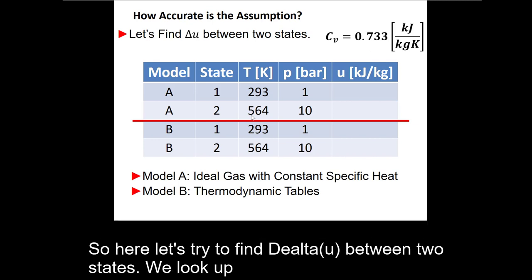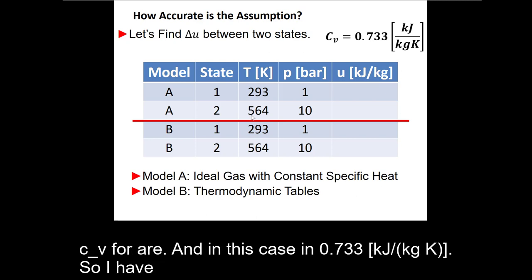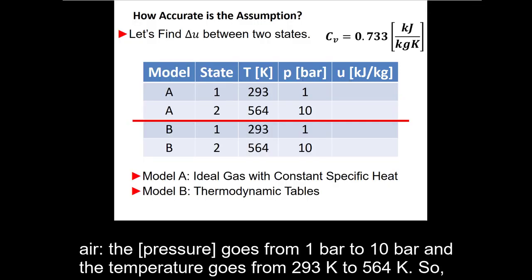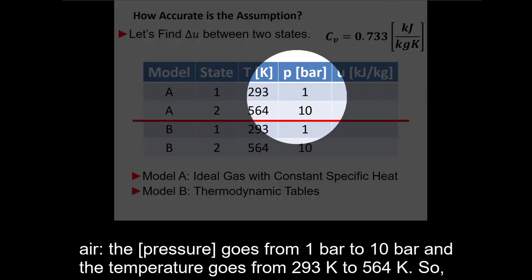So here, let's try to find delta U between two states. We look up Cv for air, and in this case, it's 0.733 kilojoules per kilogram Kelvin. So I have air. The pressure goes from 1 bar to 10 bar, and the temperature goes from 293 degrees Kelvin to 564 degrees Kelvin.